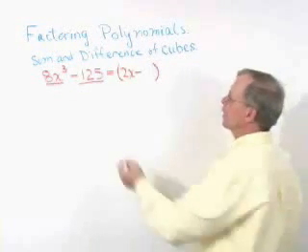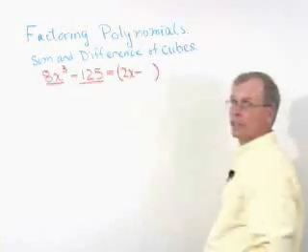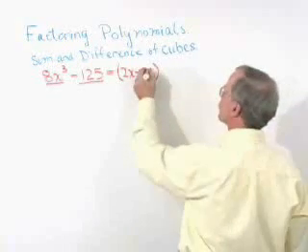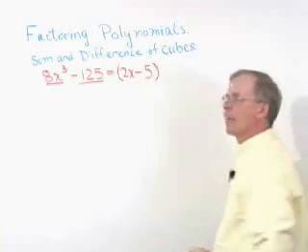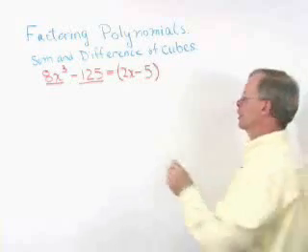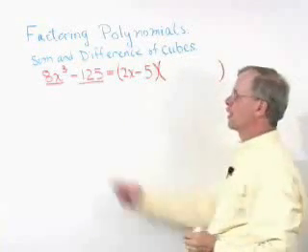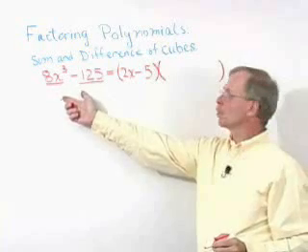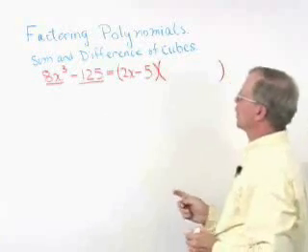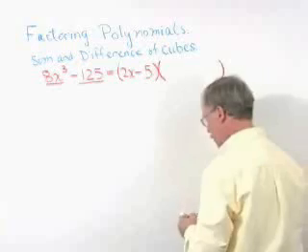Or you could be thinking of it as taking the cube root of negative 125, which is 5. That's the binomial factor.